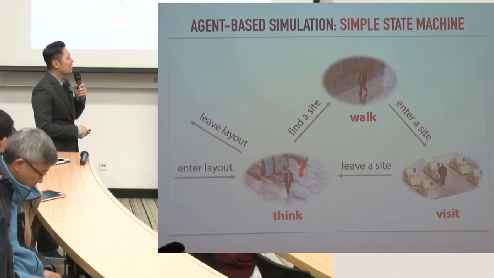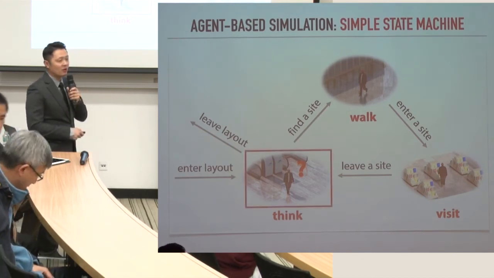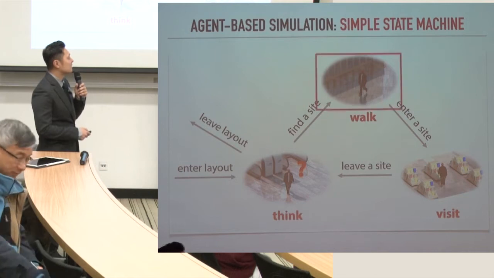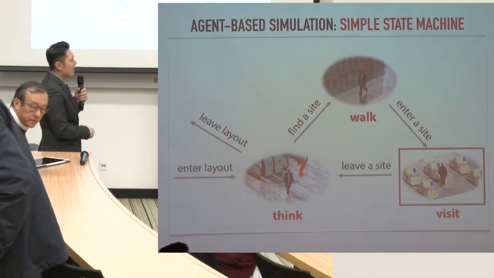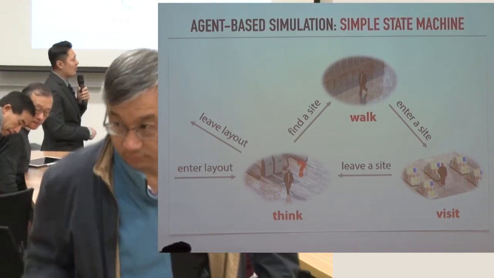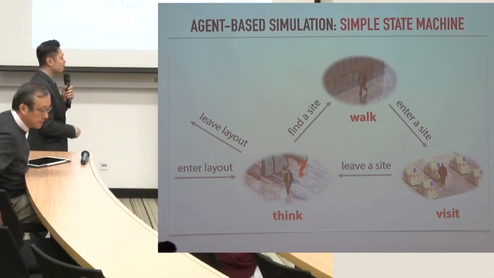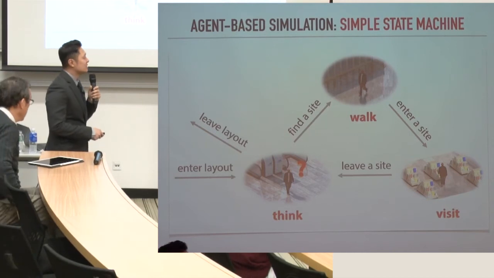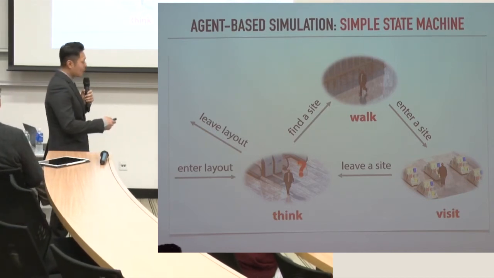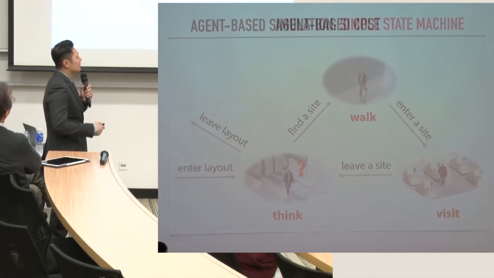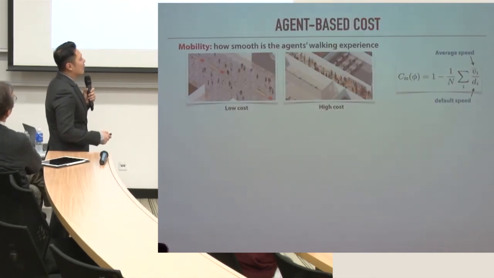So each agent will think about where to go, define a site, and then they will enter the site and stay a certain period of time in the simulation. There will be many agents, and the walking speed will depend on how many agents surround them. Then we can compute our agent-based costs.